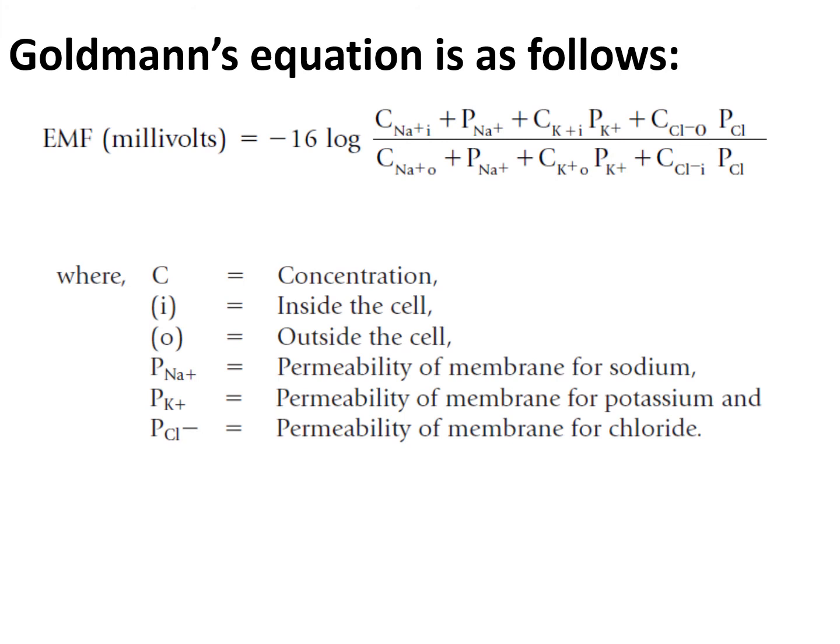Goldman's equation is as follows, and this is the formula where C is concentration, I means inside the cell, and O means outside the cell. Then P is the permeability of the membrane for sodium, potassium, and chloride.